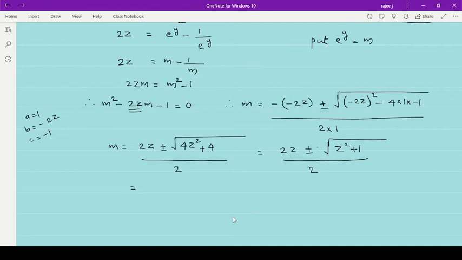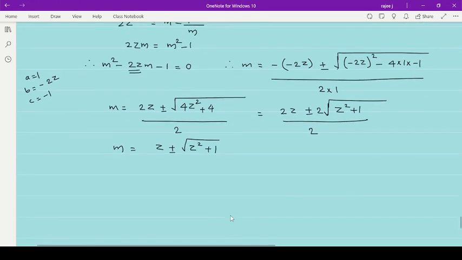So m is z plus or minus under root of z square plus 1. Now what is m? m is e raised to y. So e raised to y is equal to z plus or minus under root of z square plus 1.